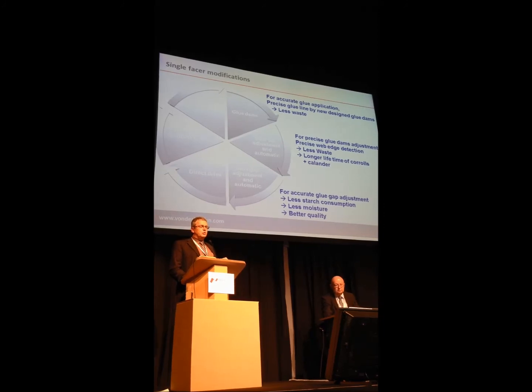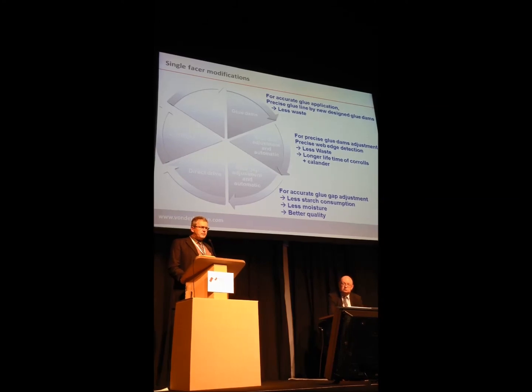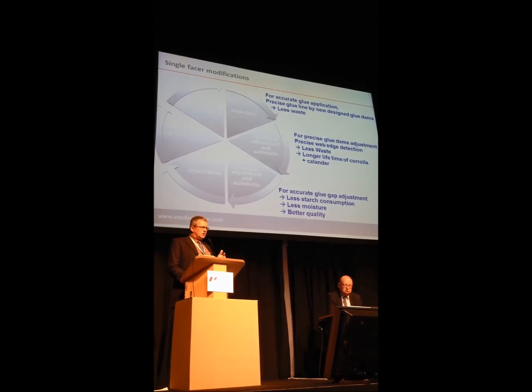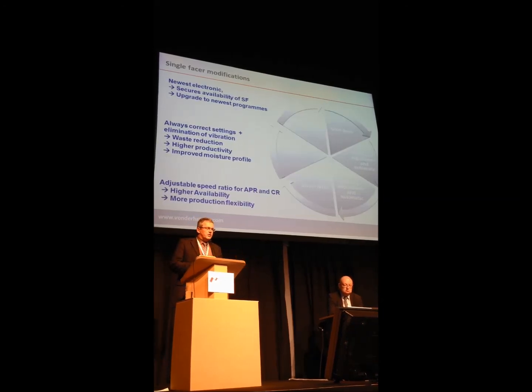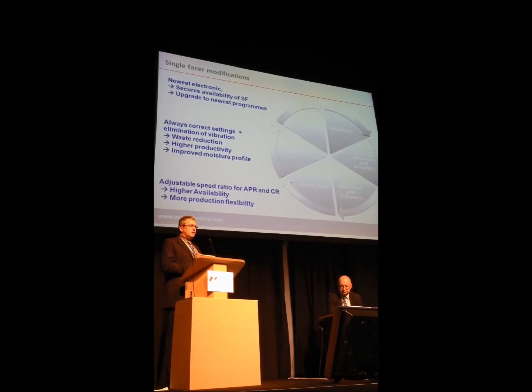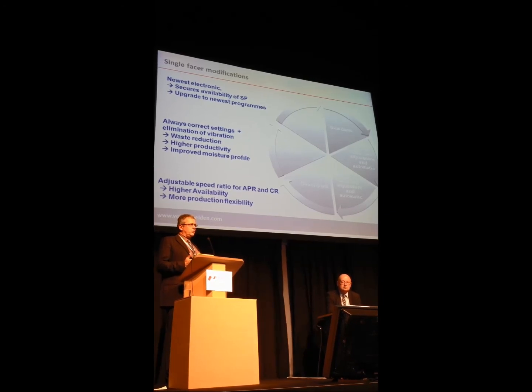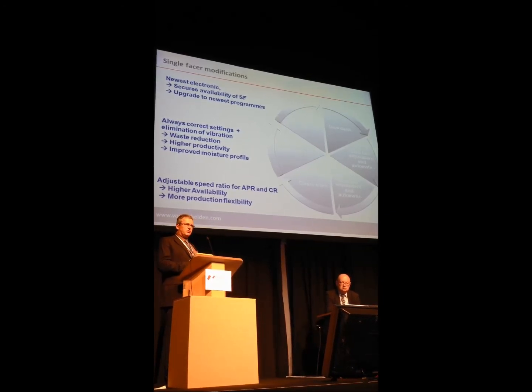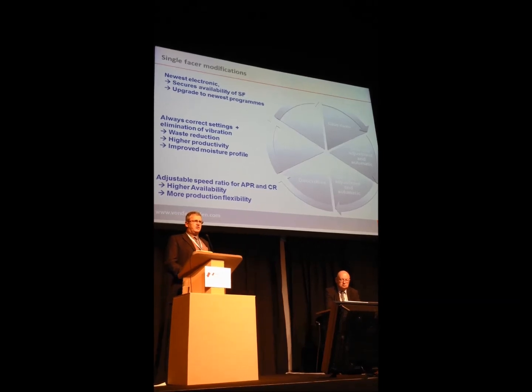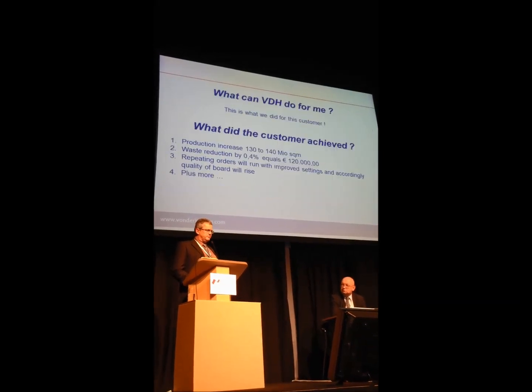I don't want to go deep into these additional points, but we see that all our machines have this problem, like glue dams, glue dam adjustment, glue gap adjustment, maybe direct drive on the glue unit. Then we equip these machines with a soft touch system, which is a patented system, so you get rid of all the paper gap adjustments. And of course, we can change that to the newest S7 controls.